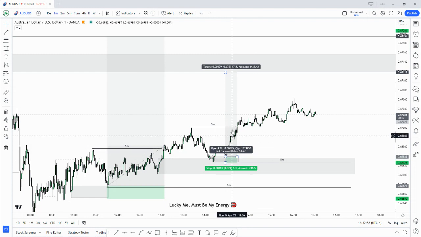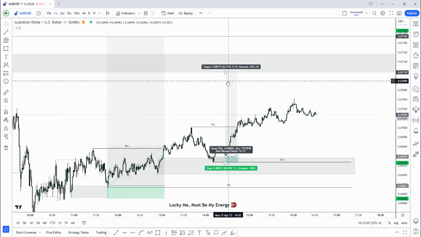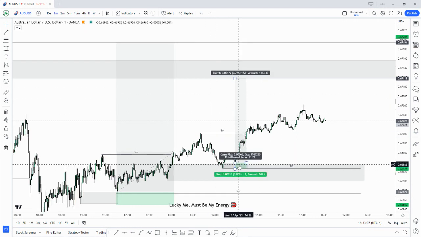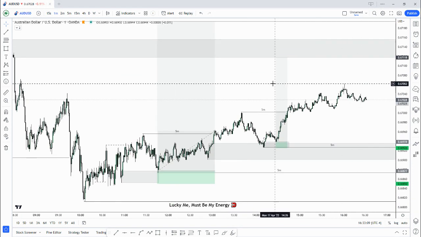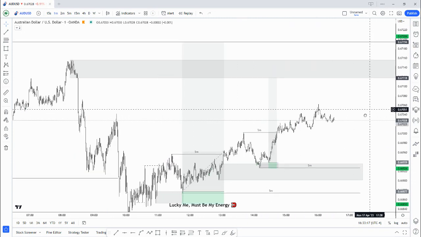So basically these 17 pip, 20 pip moves turn into really high risk to reward trades because you're risking such a little amount of your capital on that 1 pip, or you're basically only risking 1 unit to gain 13, 14 units. Okay, so I think that makes sense.